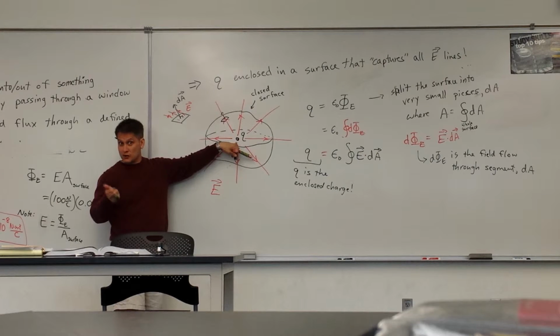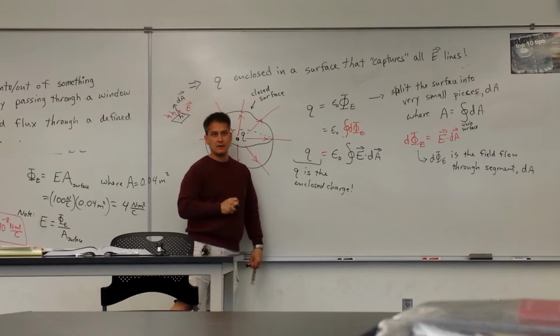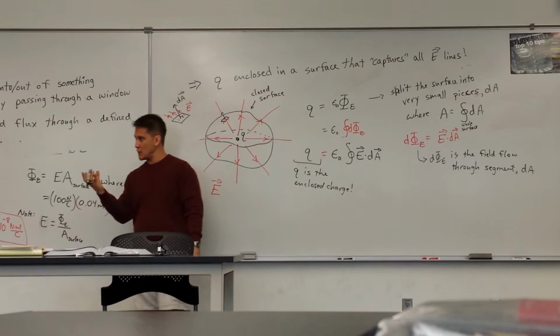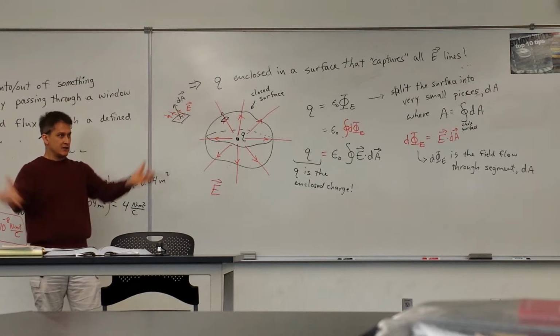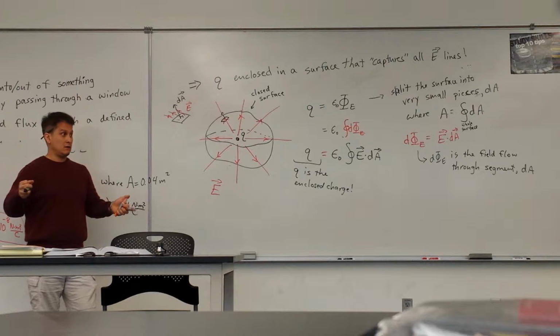The total amount of charge is limited, the total amount of flux is limited by the quantity of charge. Gauss's law says that if you basically account for all of the flux, that will always be equal to Q with this epsilon. Okay? So it really defines the very nature of charge and its relationship to how electric field substance flows out of it.